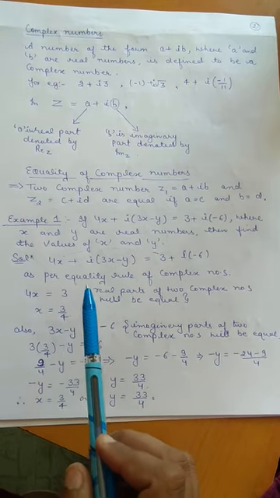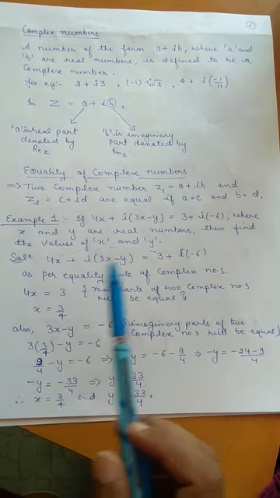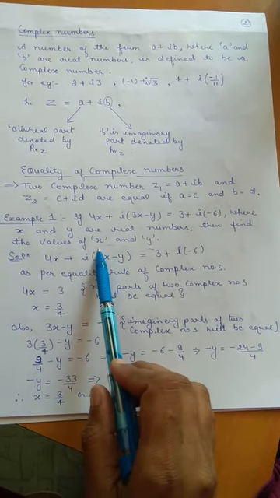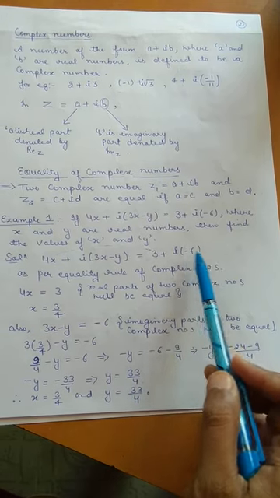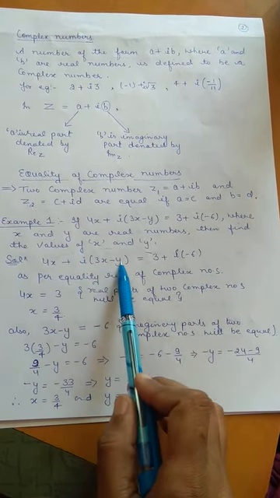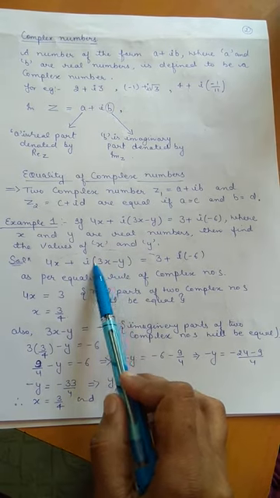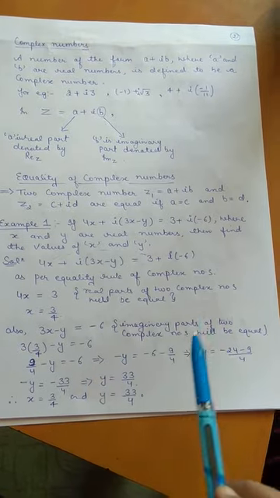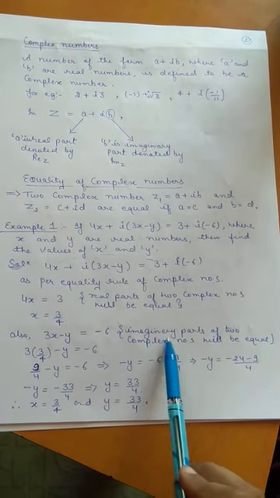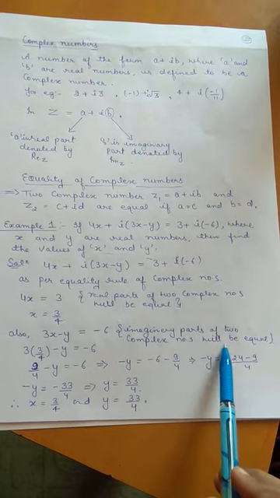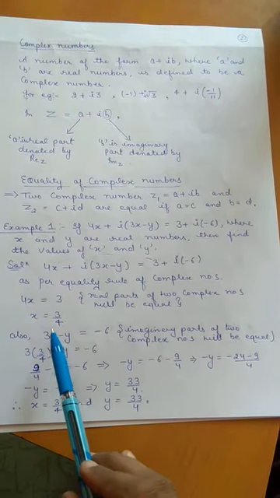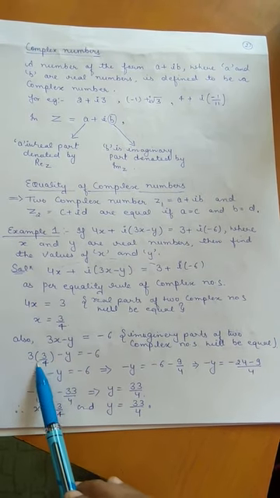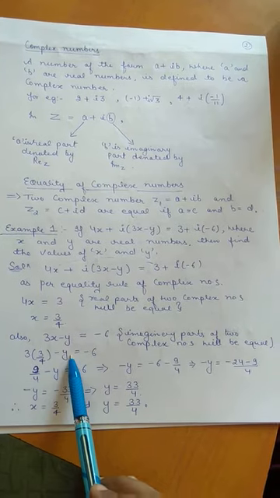Now I will equate the imaginary parts. 3x minus y is the imaginary part of this complex number and minus 6 is the imaginary part of the other, so 3x minus y is equal to minus 6, because the imaginary parts of two equal complex numbers are equal. Now when I substitute the value of x, that is 3 upon 4, I get 3 into 3 upon 4 minus y is equal to minus 6.